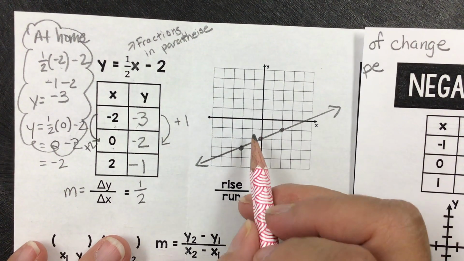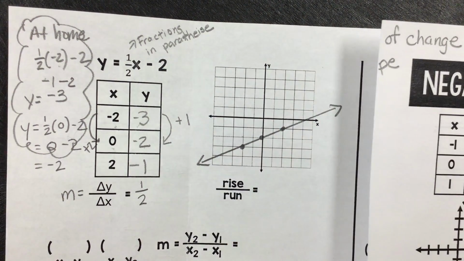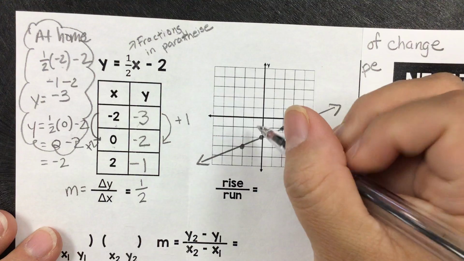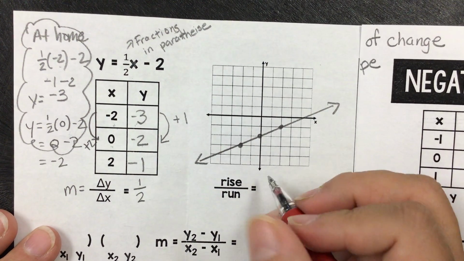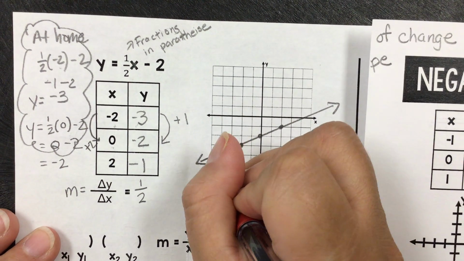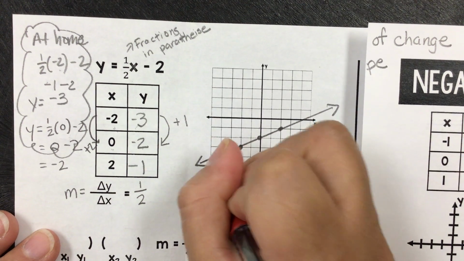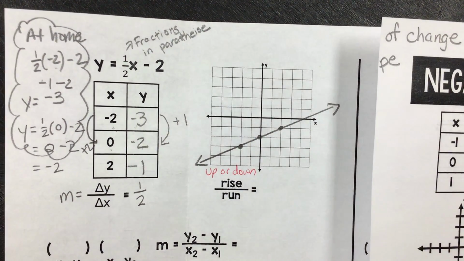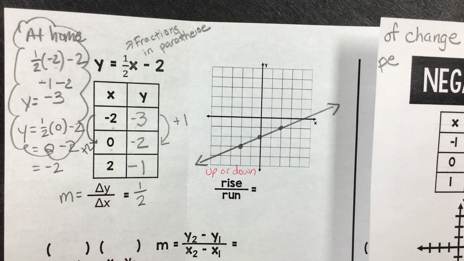And from here, you can really start at any point, but I'm going to start at the left, this point right here. And then the rise means the up and down movement. So I'm going to put up or down. Even though it says rise, it could be a fall.